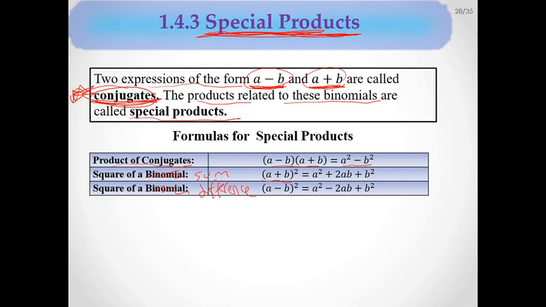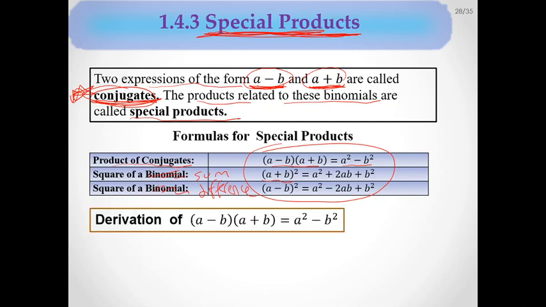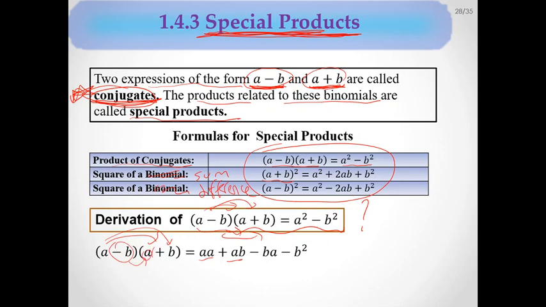Okay, these formulas are coming straight from straightforward multiplication. Let's see one of them, like this one, for example. Where does it come from? We distribute, basically, and let's see what happens. When you distribute, you get a times a, then a times b, so it's plus ab, and negative b times a, so it will be negative ba, and then negative b times plus b, so it will be negative b squared.